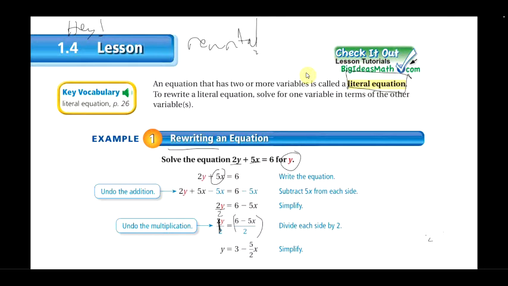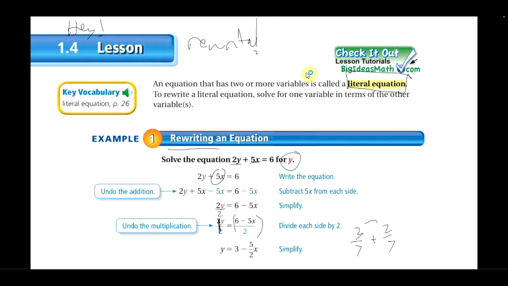If you're wondering how in the world they got from 6 minus 5x all over 2 to 3 minus 5 over 2 times x, you gotta remember how we add or subtract fractions with common denominators. Say that we had, I don't know, 3 over 7 plus 2 over 7. When we add these together, we add the numerators, but we don't touch the denominators. They stay the same.